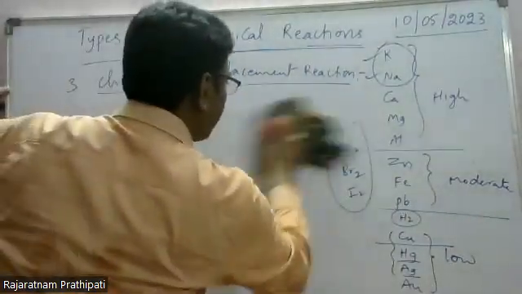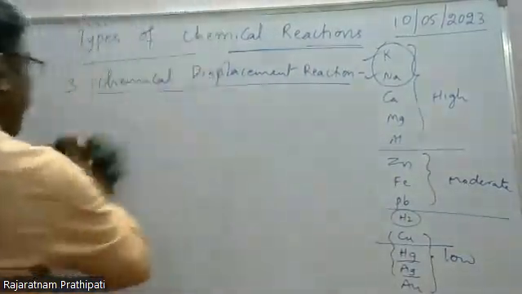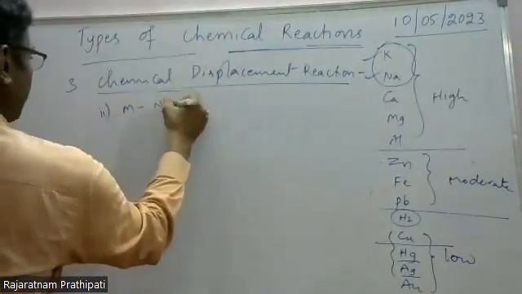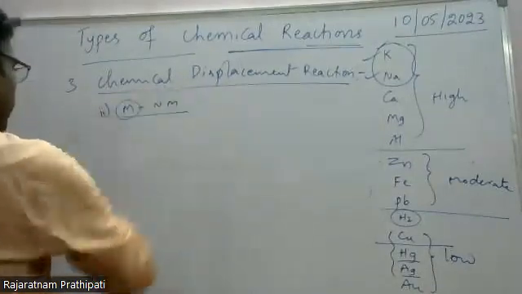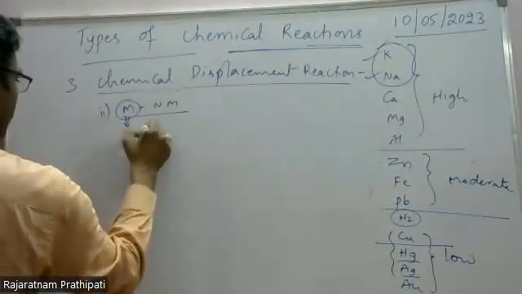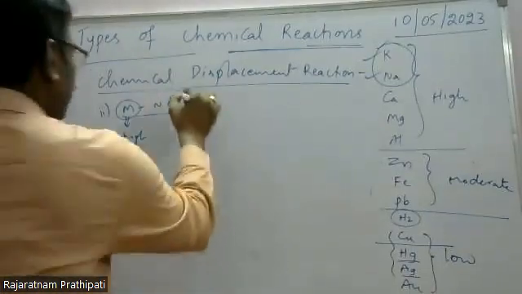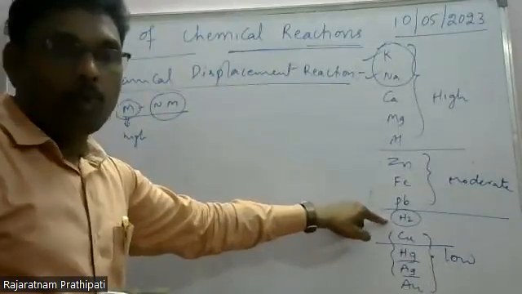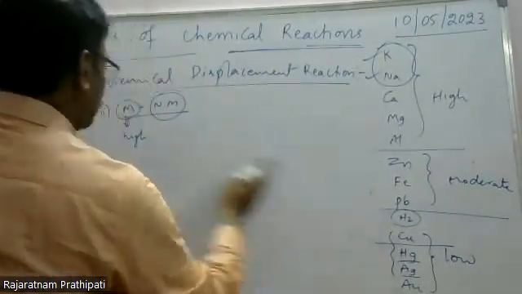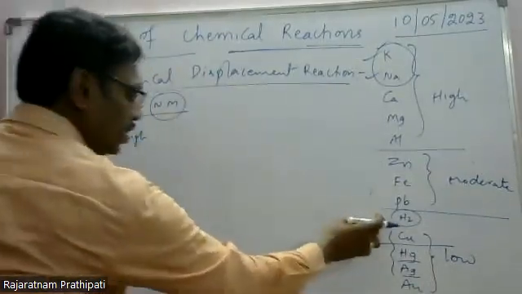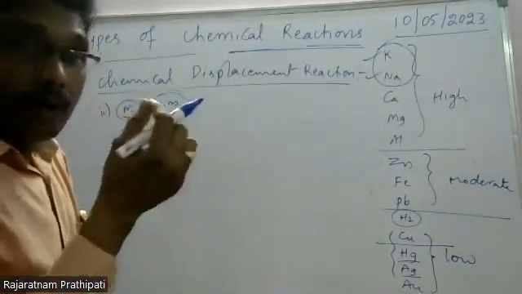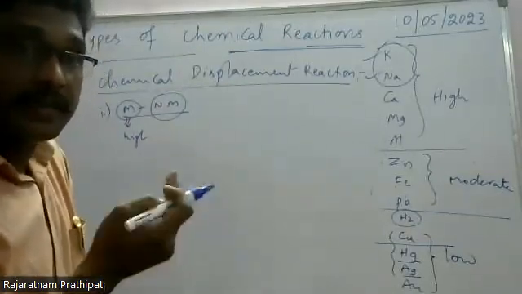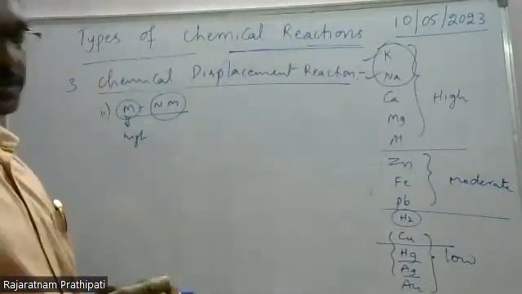Next, the second category: metal, non-metal displacement reaction. Here, the metal is a highly reactive metal, and the non-metal is, in most cases, hydrogen. So metals displace hydrogen from cold water, hot water, dilute acids, or concentrated acids.